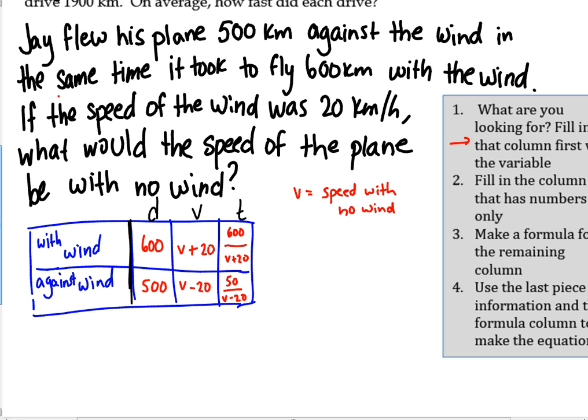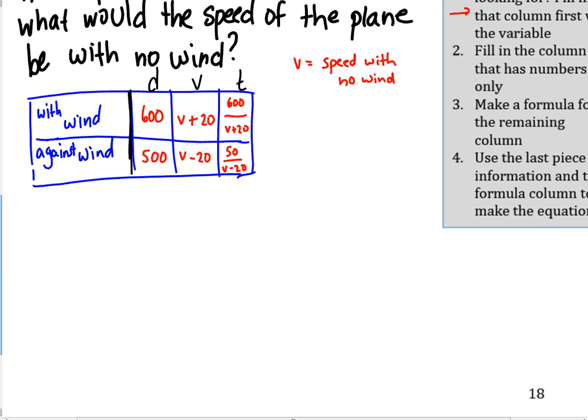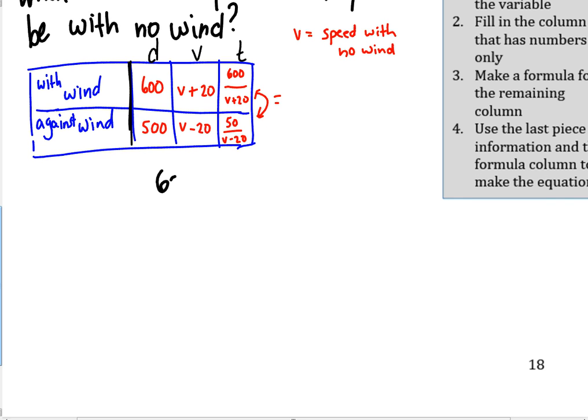It's the same time, so those are equal to each other. So let's just set them equal. 600 over v plus 20 equals 500 over v minus 20. Okay, go ahead and solve this. You should be able to.